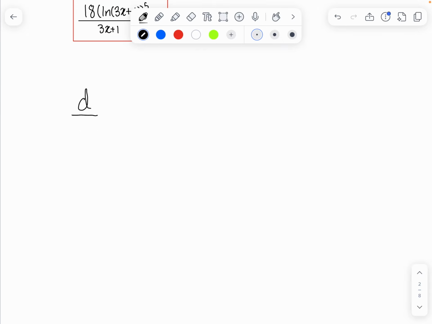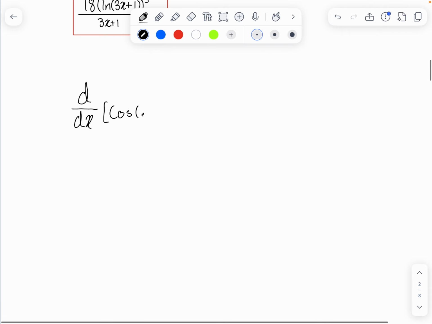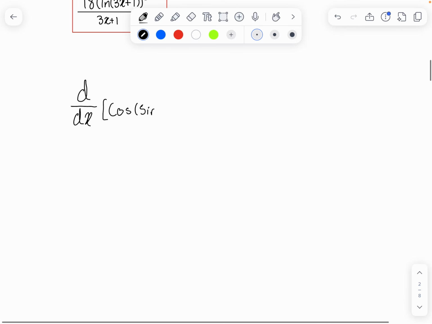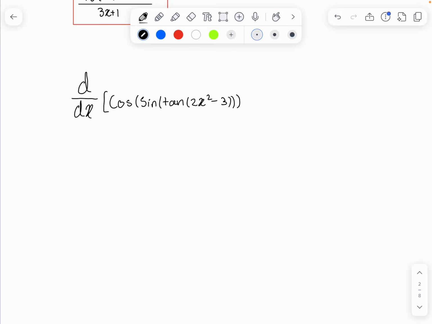So what is the derivative of, it's going to be a lot of parentheses, cos of sine of tangent of 2x squared minus 3, all raised to the power of 6?